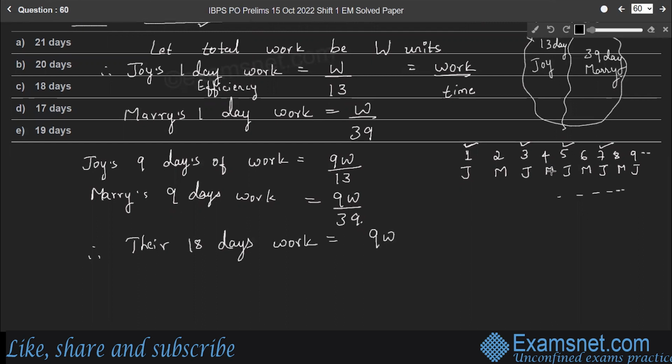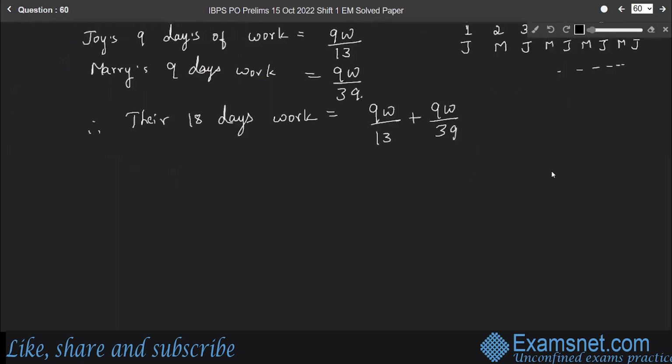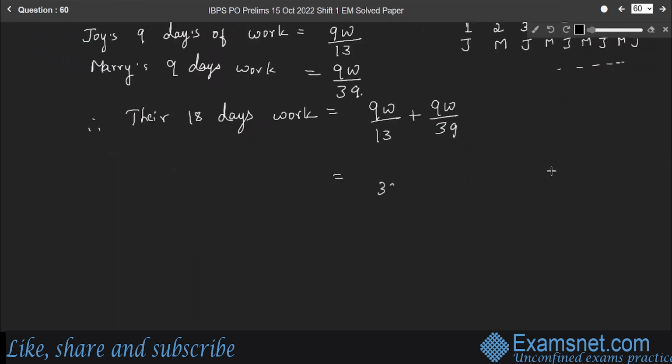So 9W by 13 plus 9W by 39. Here the LCM is 39. So 9 into 3, 27W plus 9W, which is 36W by 39. Why have we taken their 9 days work?